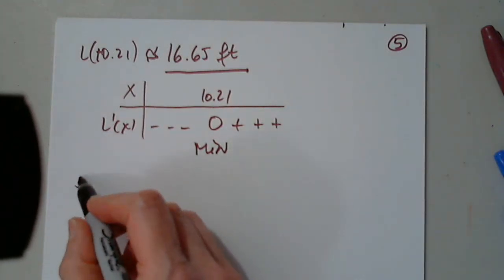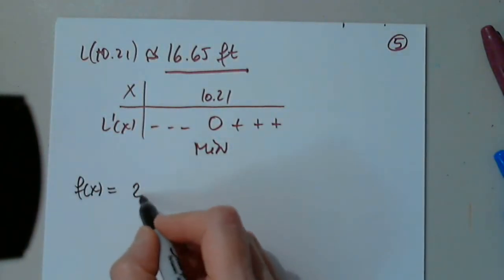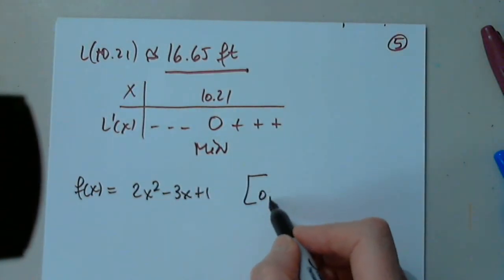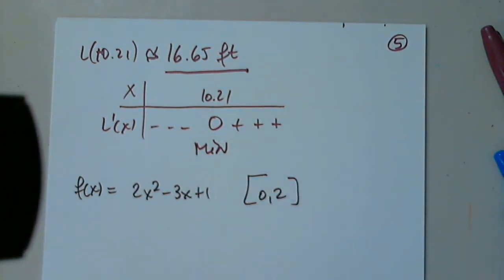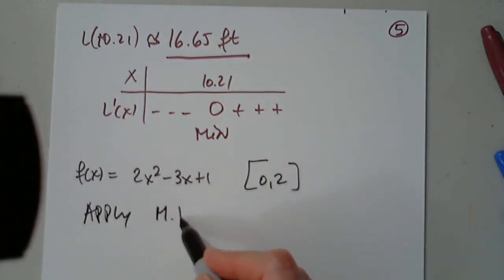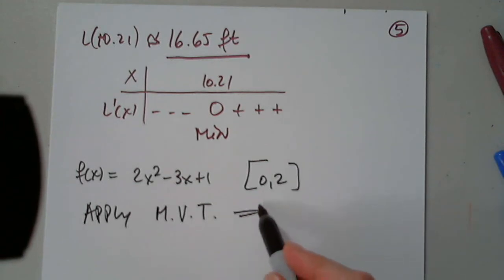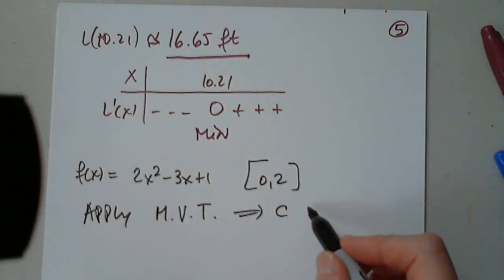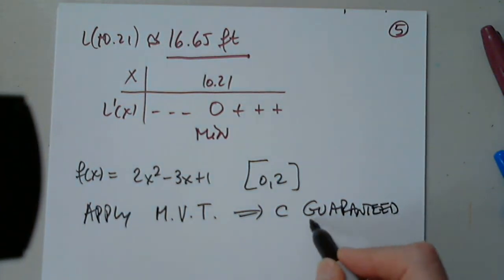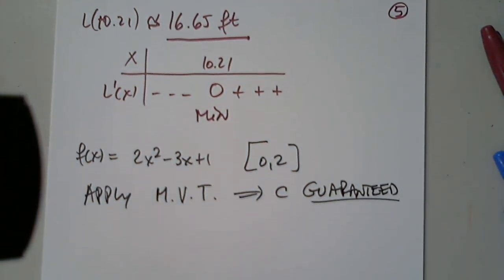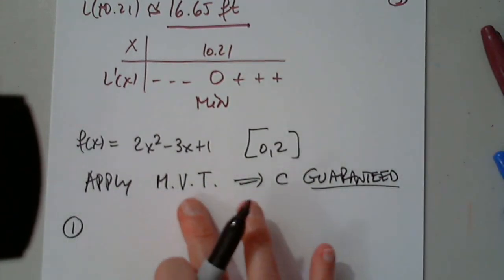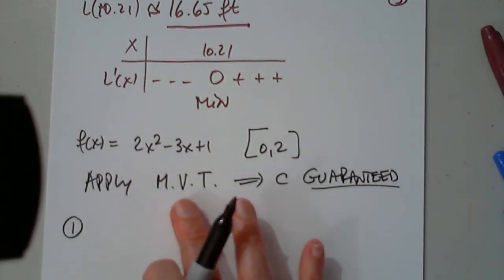So let's say we have a function f of x, 2x squared minus 3x plus 1, and they are giving us 0, 2, and they are asking us to apply the mean value theorem to find c that is guaranteed by MVT. Okay. So in number 1, I have to present the 2 hypotheses of MVT.